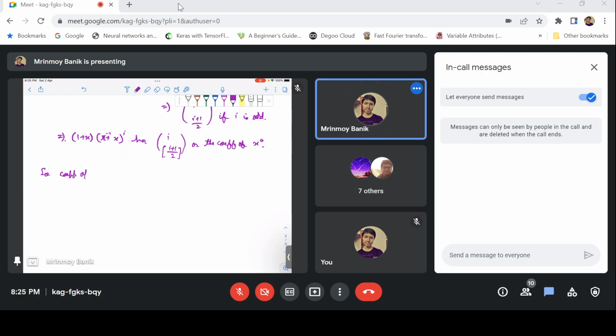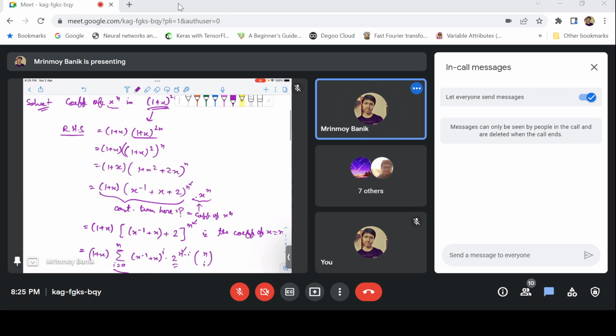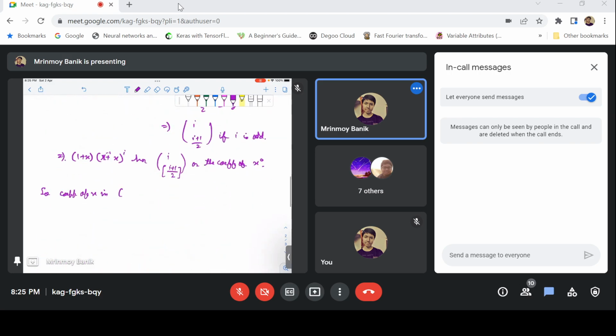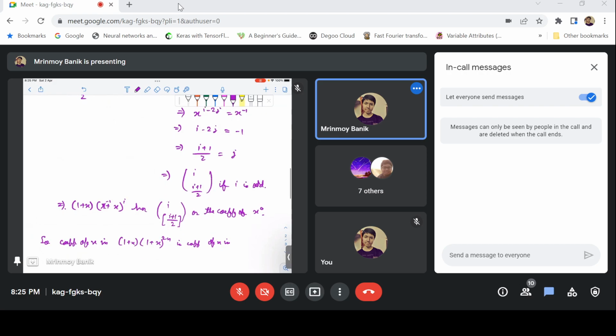So the coefficient of x in this thing, 1 plus x times 1 plus x power 2n, is the coefficient of x, the constant term, in this.